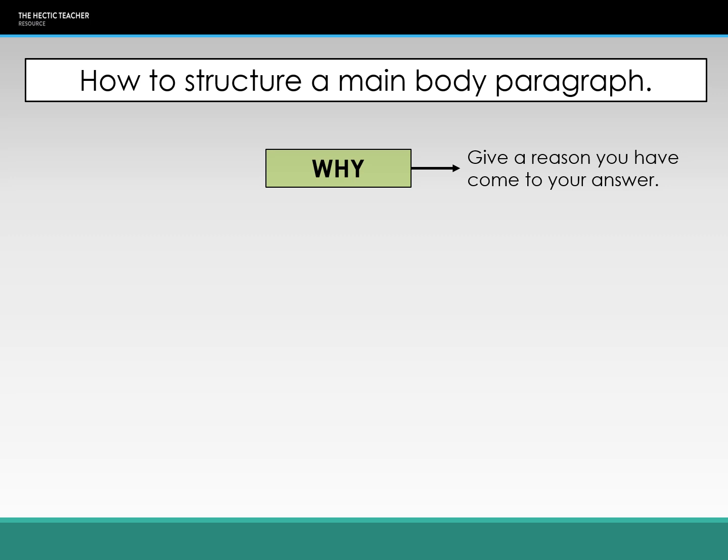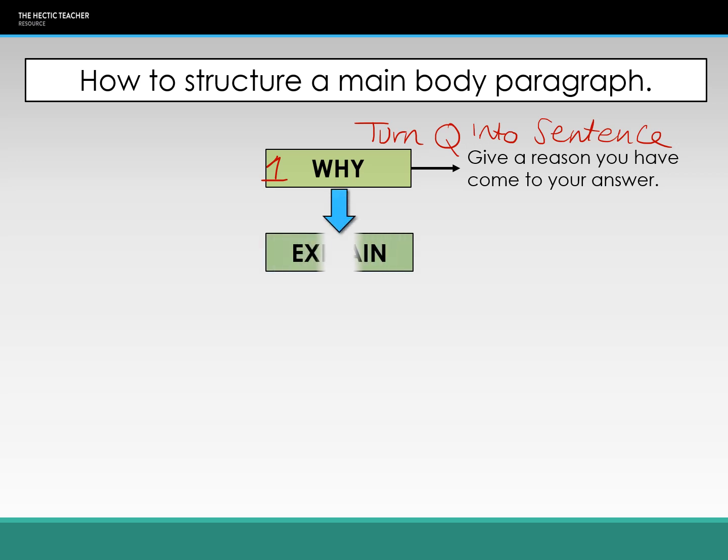So the first sentence, and again, this is just 1 sentence, using the terms of the question again, so turn it into a sentence, like we did in the plan, and be definitive. Once you've done that, then you're going to explain your point.